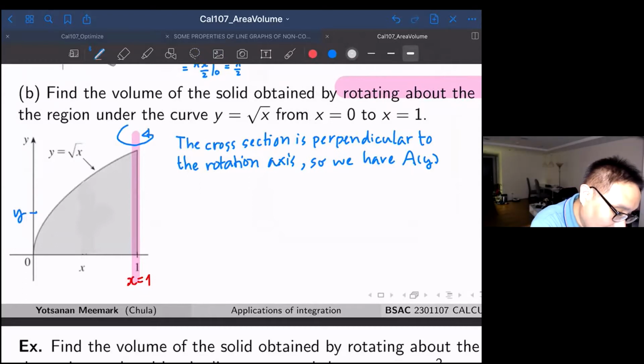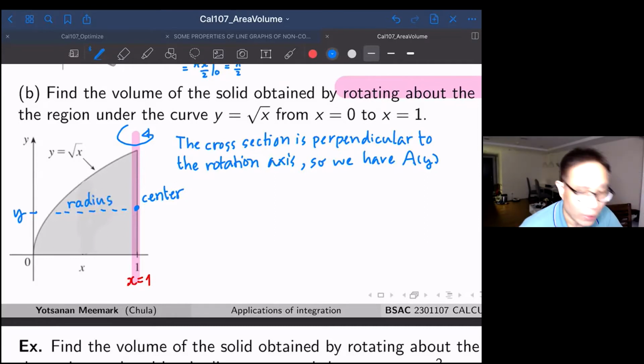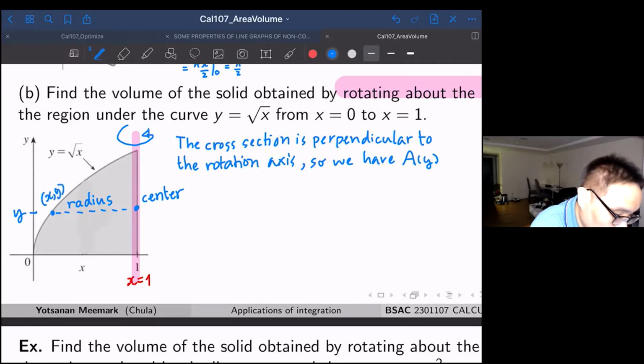So you see that this one will be your center, and the radius turned out to be this distance. So you have the center at x equal to 1, and the point that you have here is the point xy.